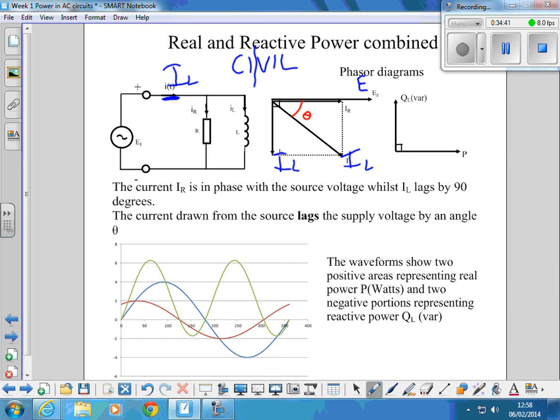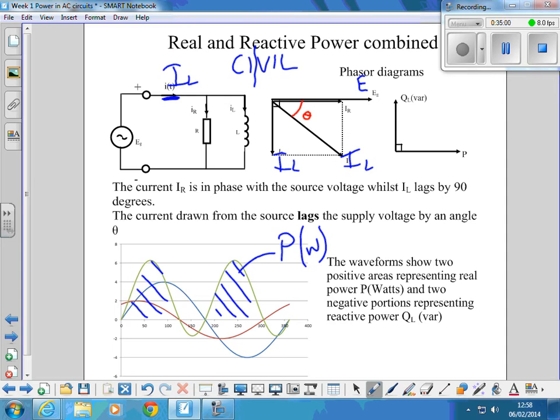The waveform now shows two positive areas representing the real power in watts. So these two above the line in blue there represents P in watts.